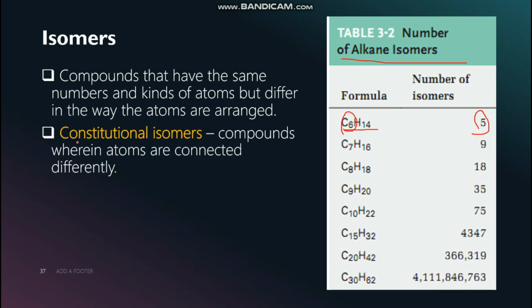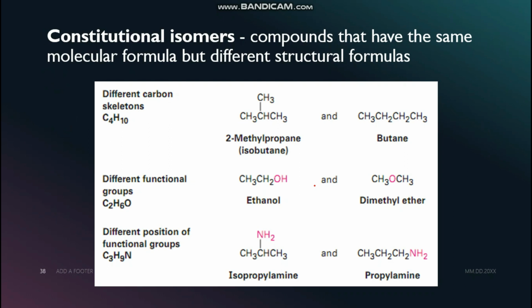So meron din tayong tinatawag na constitutional isomers where compounds in the atoms are connected differently. Ayan. So constitutional isomers are compounds that have the same molecular formula but different structural formulas. So constitutional isomerism is not limited to alkanes. So it occurs widely throughout organic chemistry.